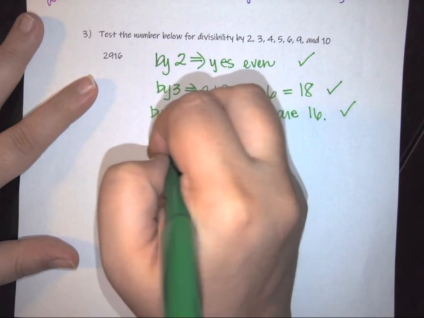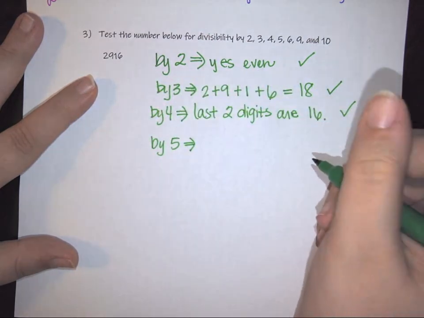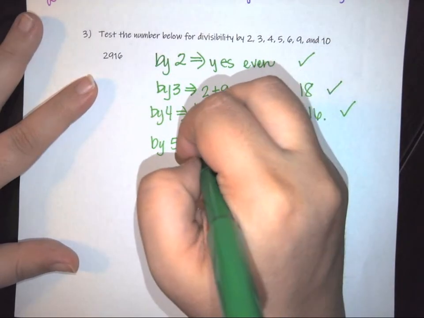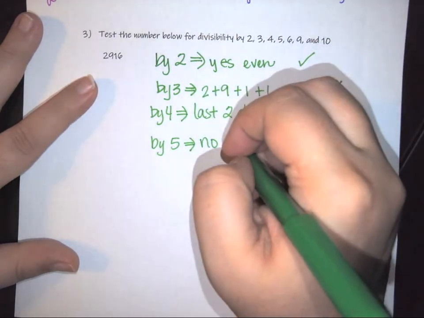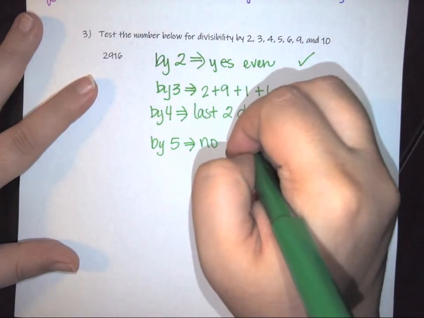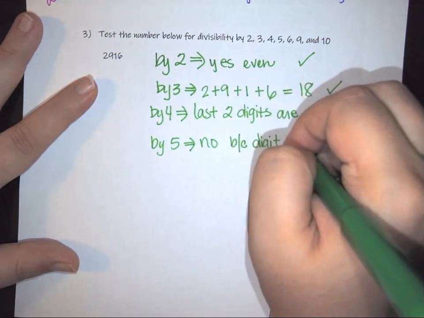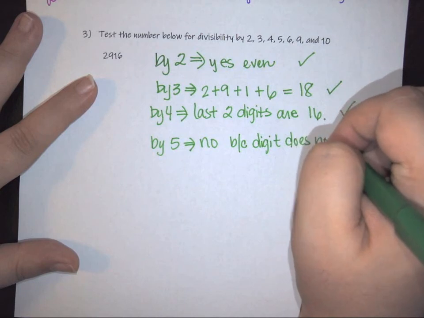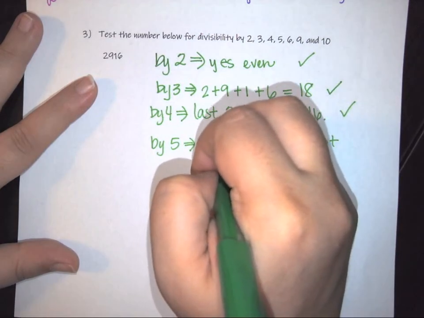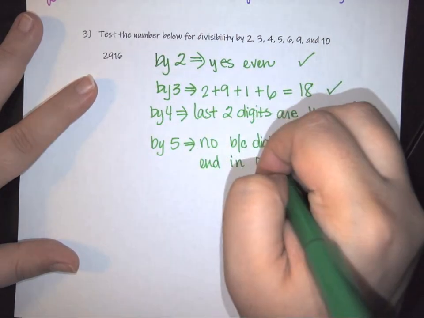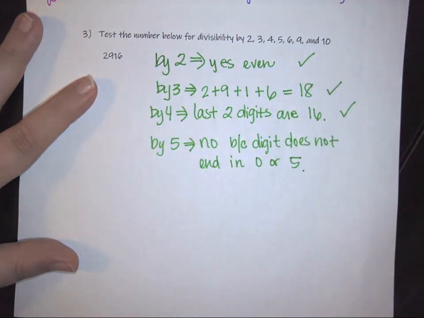Then we have divisible by 5. Well, in this case, we have no. And the reason for that is because the digit does not end in 0 or 5.